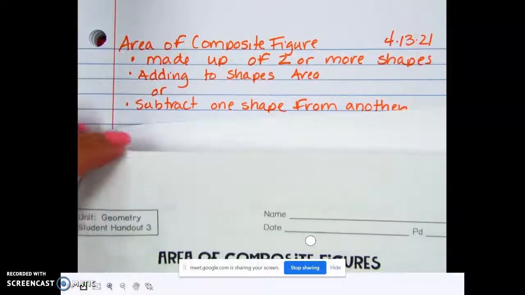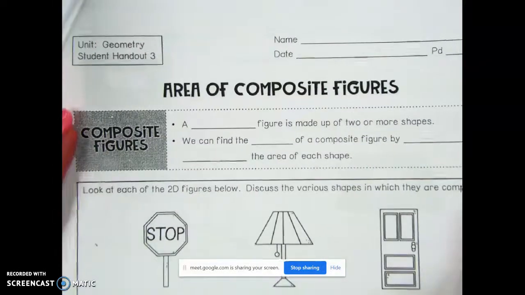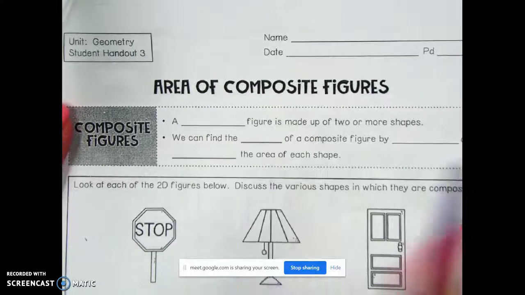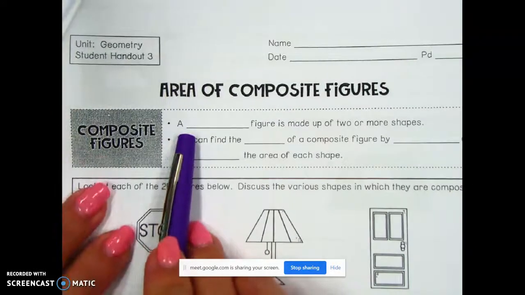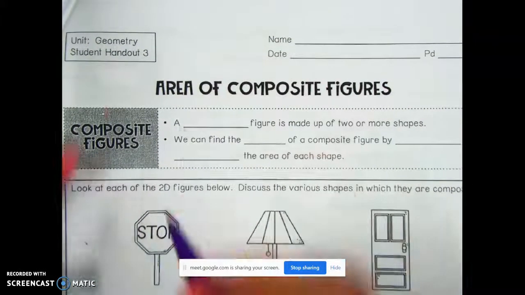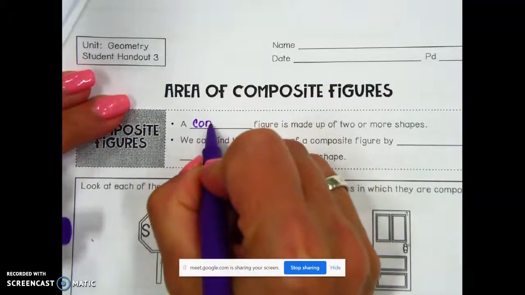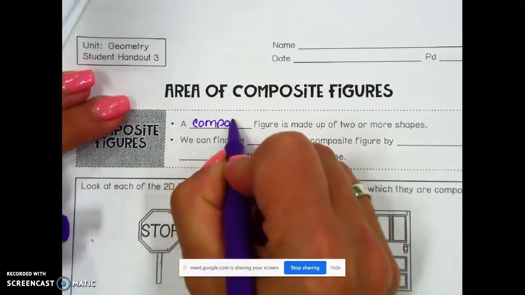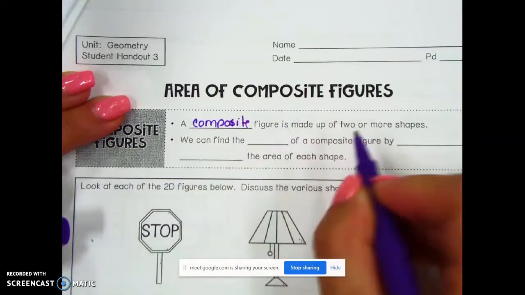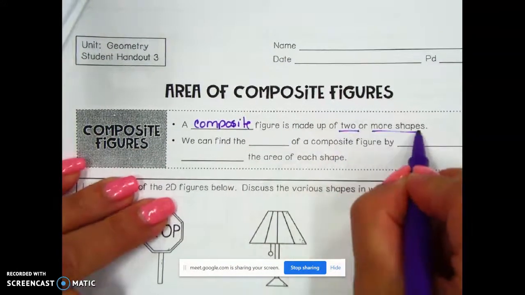Okay, so today's lesson is area of composite figures. So you're going to fill in this area here by saying a composite figure is made up of two or more shapes.